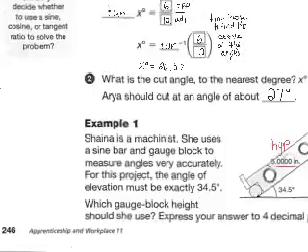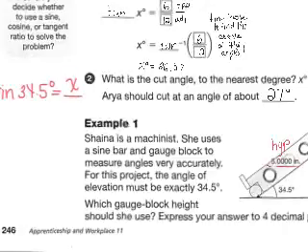So we're going to use sine of 34.5 degrees equals our opposite, which is on top, over our hypotenuse, which is on the bottom, and we're just going to say it's 5 rather than 5.0000.